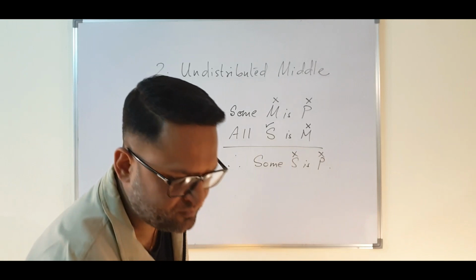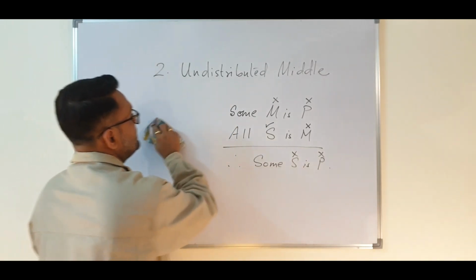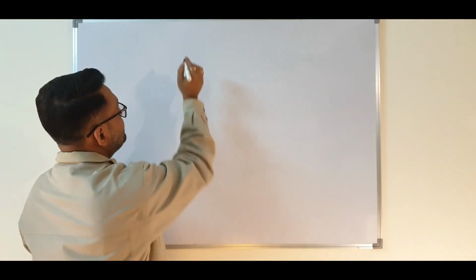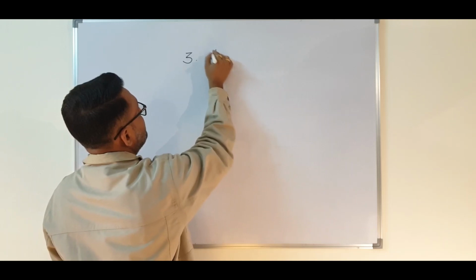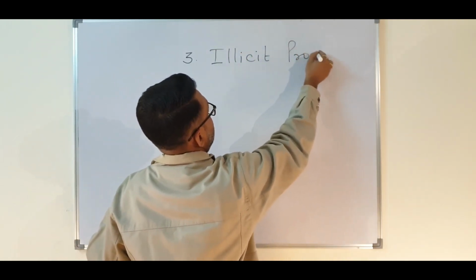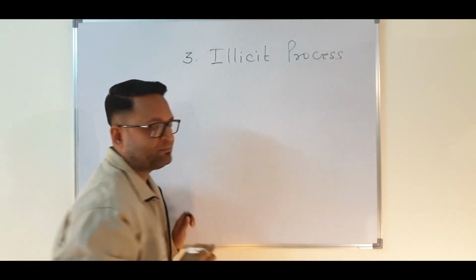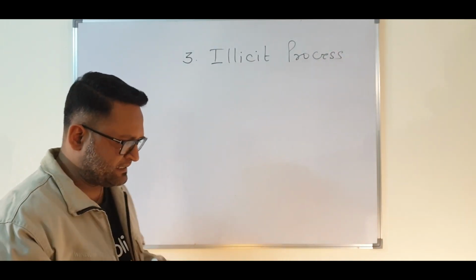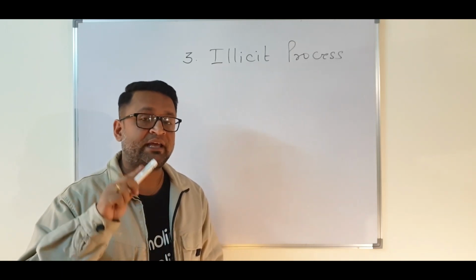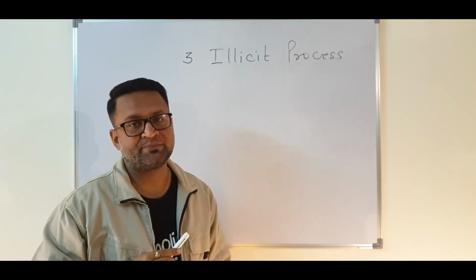Now let us come to the third rule. The third rule is known as the fallacy of illicit process. Now what does it mean? Illicit process says that if a term is distributed in the conclusion, then it must be distributed in the premise, right?